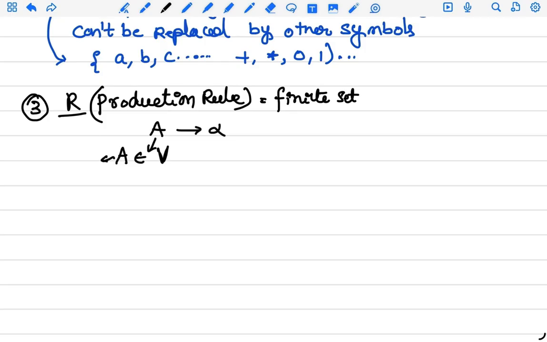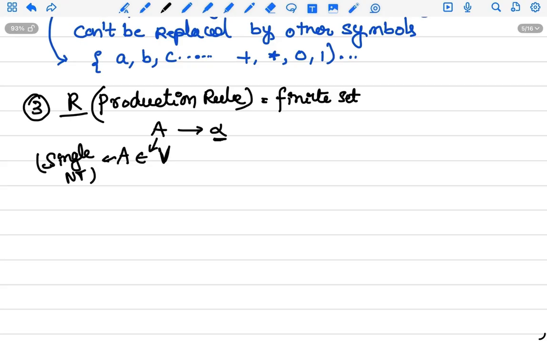And A maps to alpha, where alpha belongs to variables union terminals.